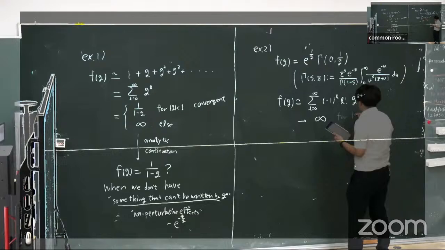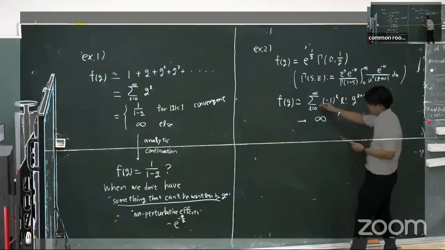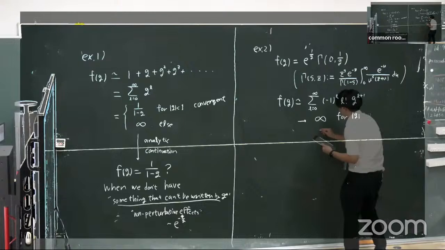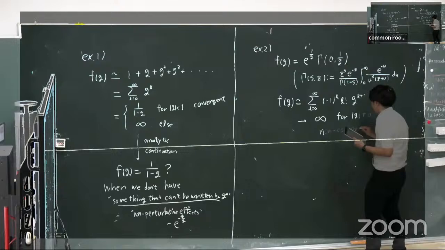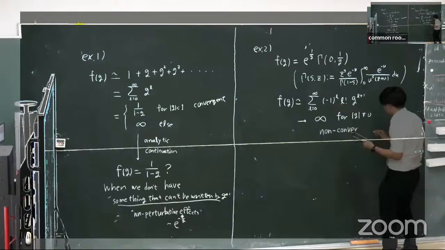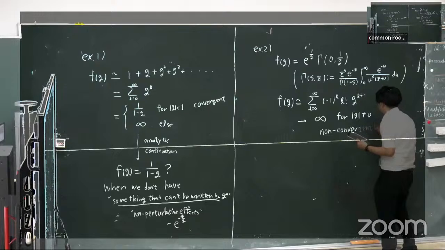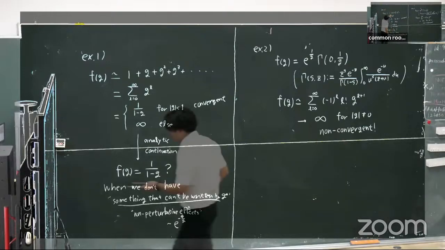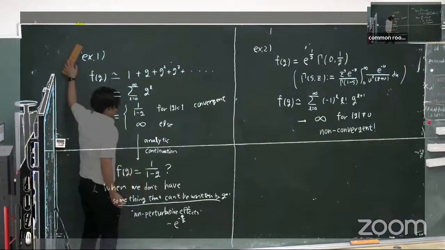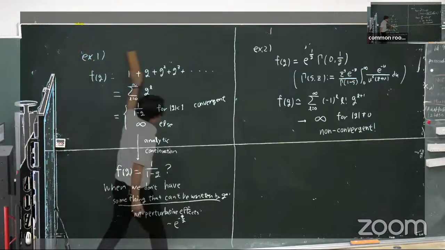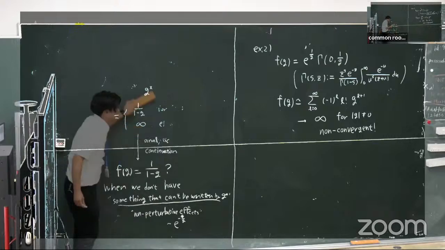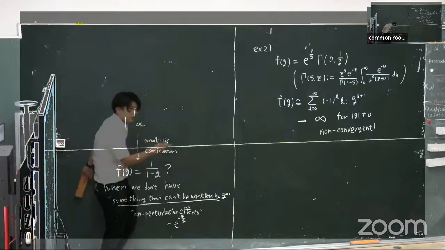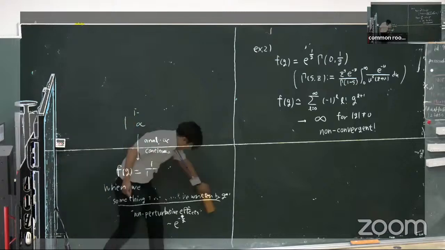For g equals 0, it's 0. So this is a non-convergent series. In other words, the radius of convergence of this series is 0. So what should we do in this situation? The standard way to rescue this kind of situation is a method called Borel resummation.